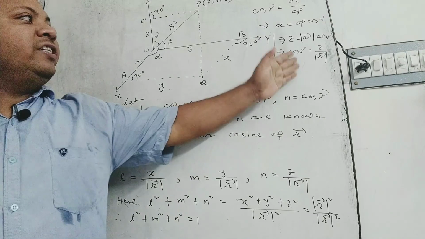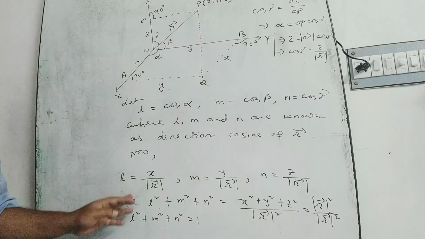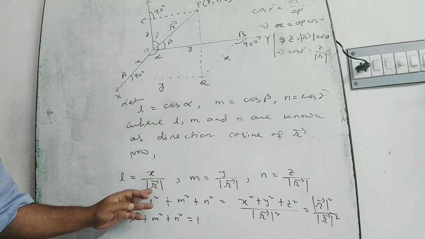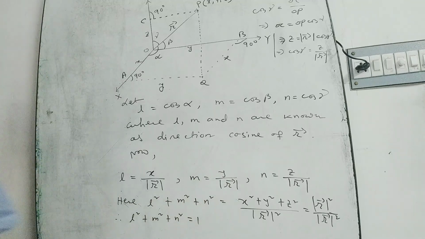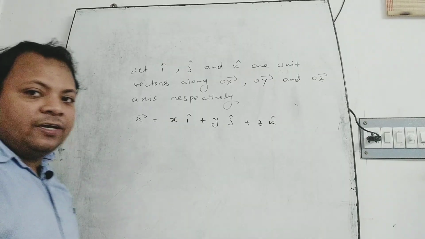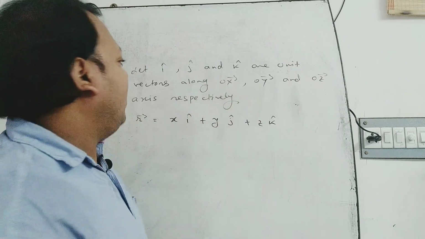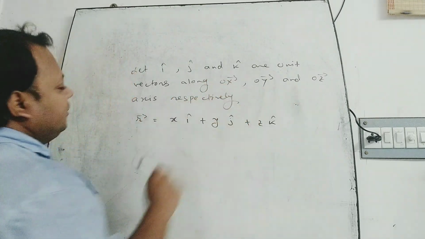Like this process, we can also prove that cos alpha is equal to x by r and cos beta is equal to y by r. Let i cap, j cap and k cap be unit vectors along the OX, OY and OZ axes respectively.